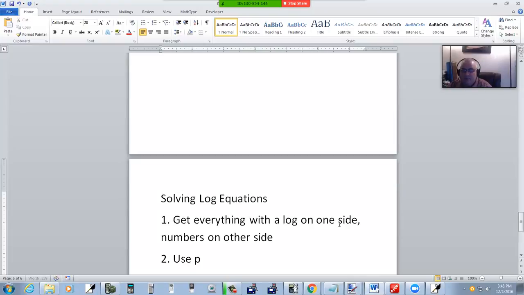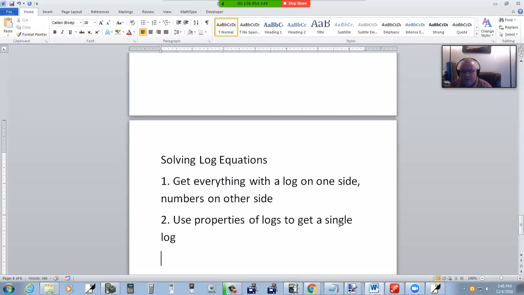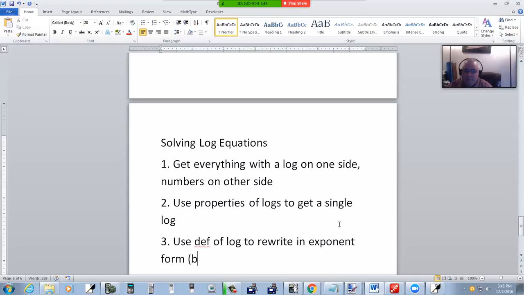Step 2, use properties of logs to get a single log. You might be able to use basic algebra on step 2 also. Step 3, use the definition of a log to rewrite in exponent form. This is the b to the p power is equal to q definition.